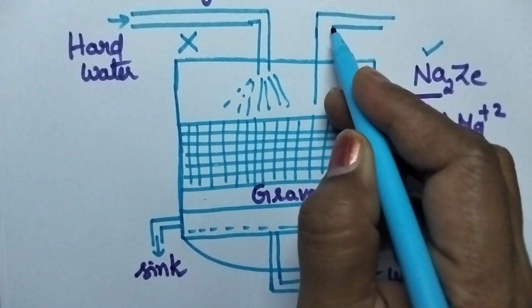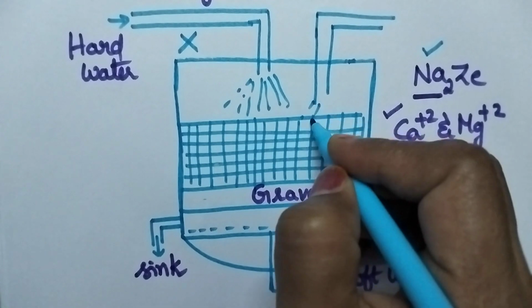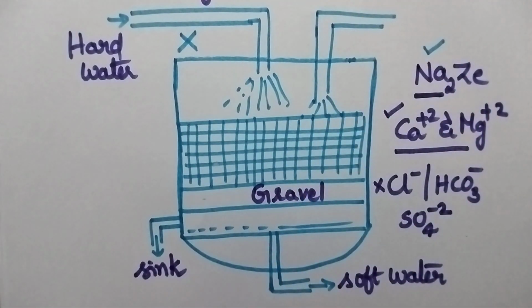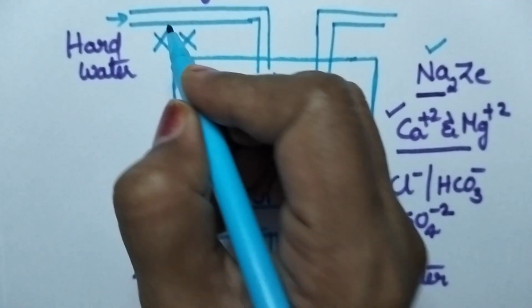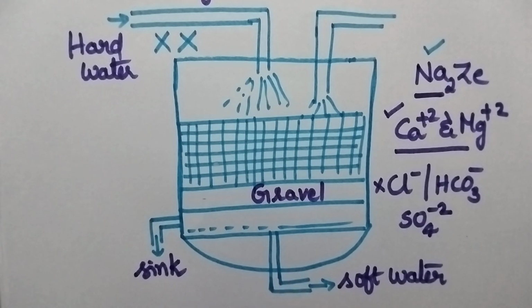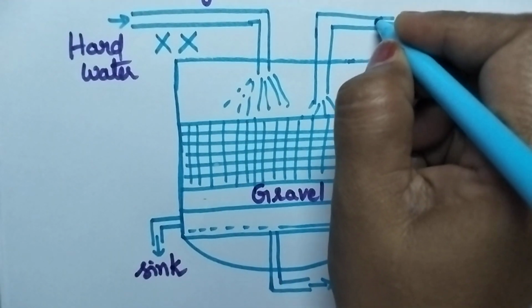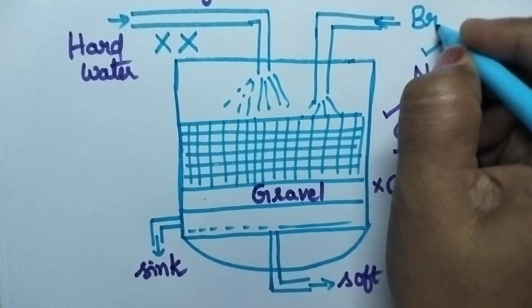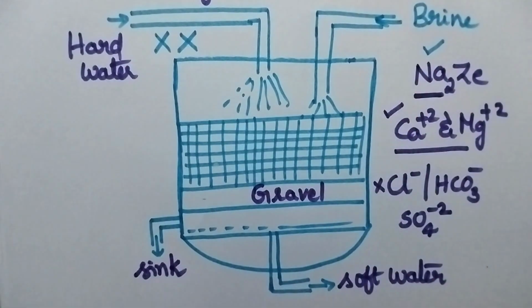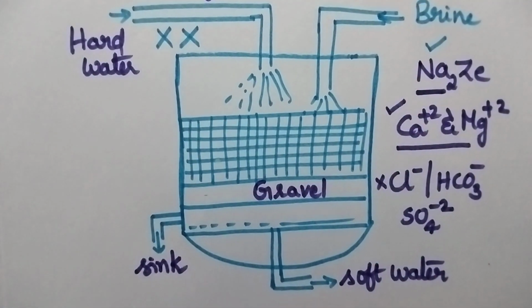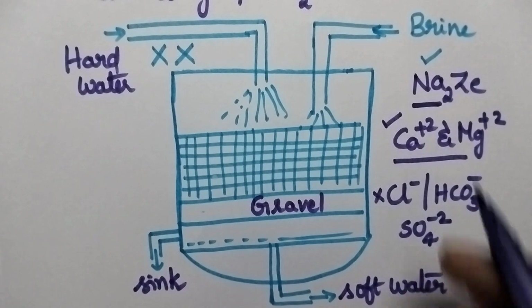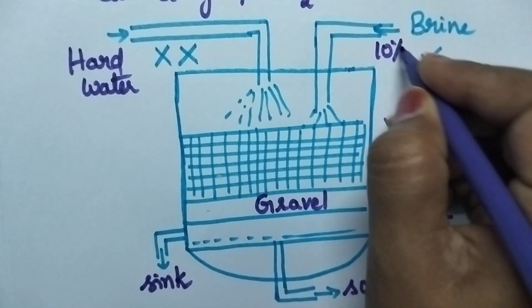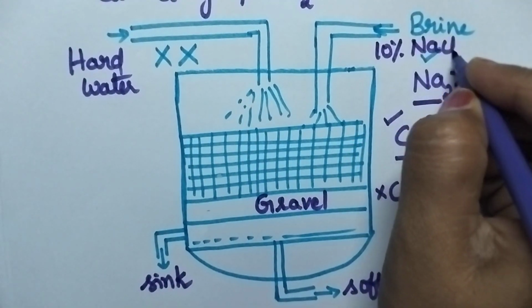Whenever the zeolite bed is exhausted, just stop the passage of hard water, and the brine solution is passed through the zeolite bed. Brine solution is nothing but 10% NaCl solution.